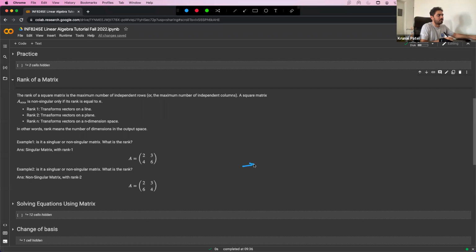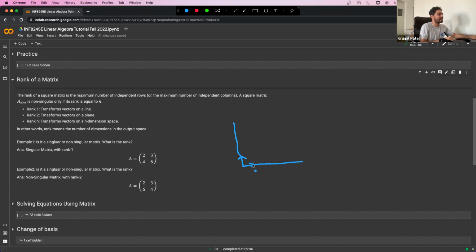This is 2, 3, 4, and here also 2, 3. I am not drawing straight lines anymore, but this is roughly a straight line, so it will be good enough for us.